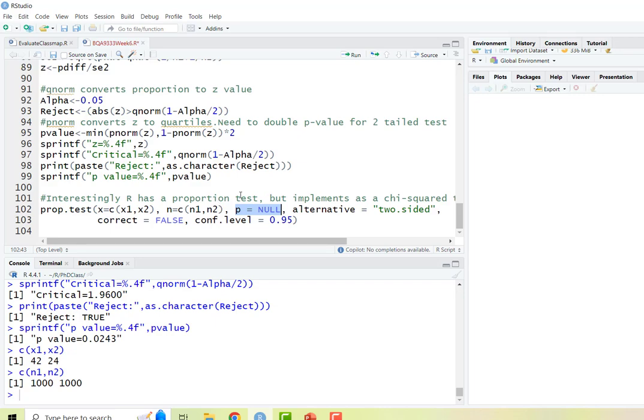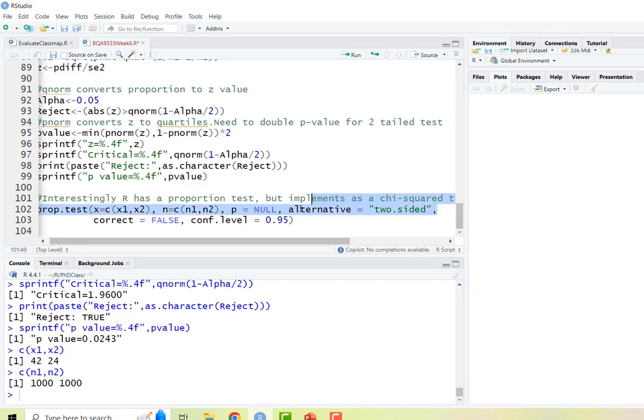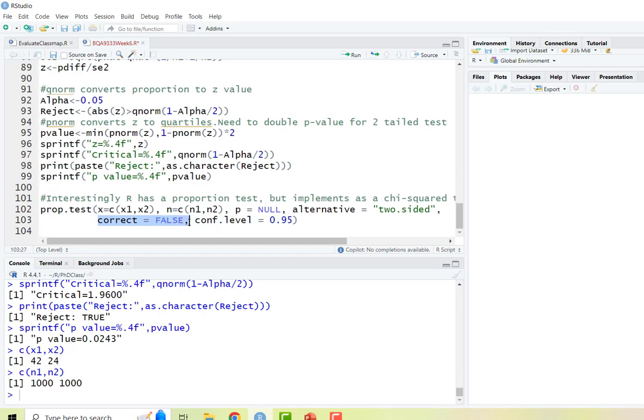We're just saying, is there a difference here? We're going to do two-sided. Now, correct equals false. It does it a little bit like the first SPSS I showed you. It assumes the chi-squared test, calculates the chi-squared, and then takes the square root of that. Chi-squared has what's called a continuity correction for small tables, and we don't want to use this. We want the standard test.